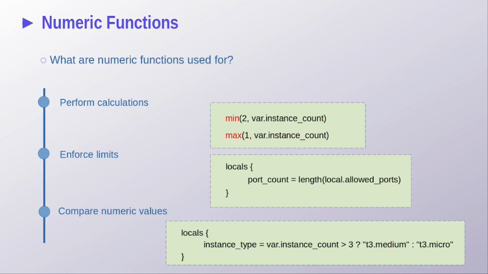This is cost control logic. Example 2, ceil. Terraform can calculate values based on other values, useful for auto-scaling rules and dynamic sizing. Terraform calculates first, then creates infrastructure.